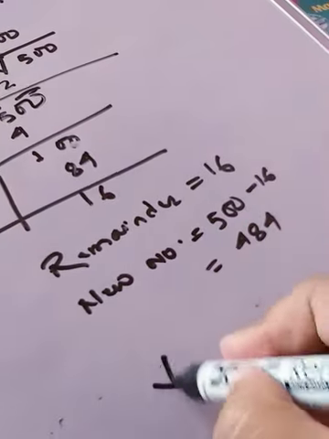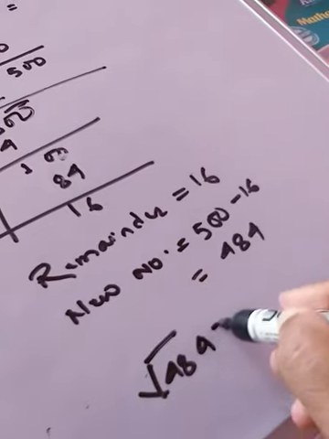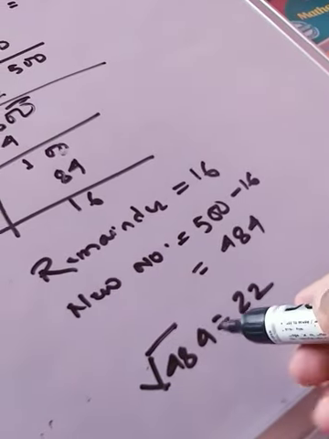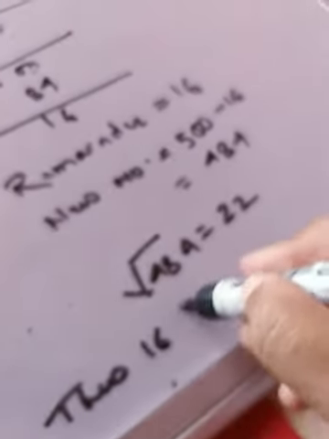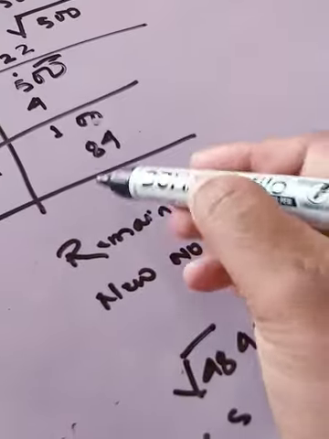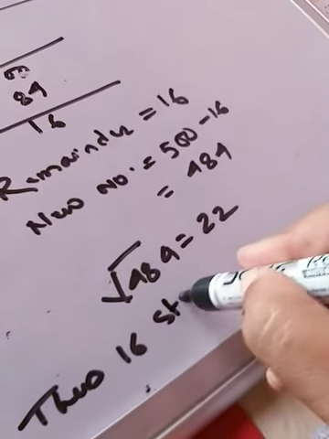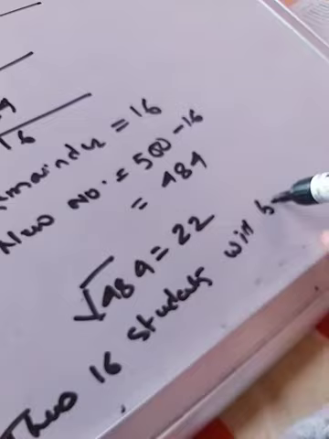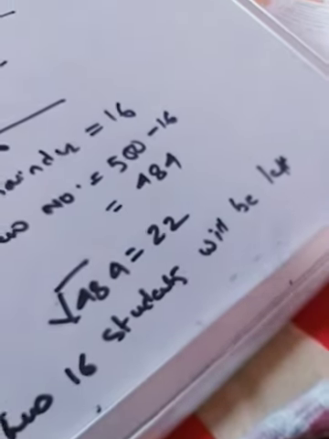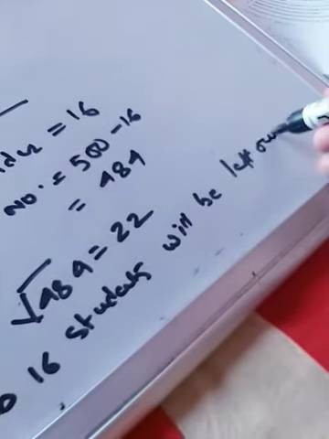And the square root of 484 will be 22. Thus, we will write that 16 students, because we have subtracted 16 students, will be left out in this arrangement.